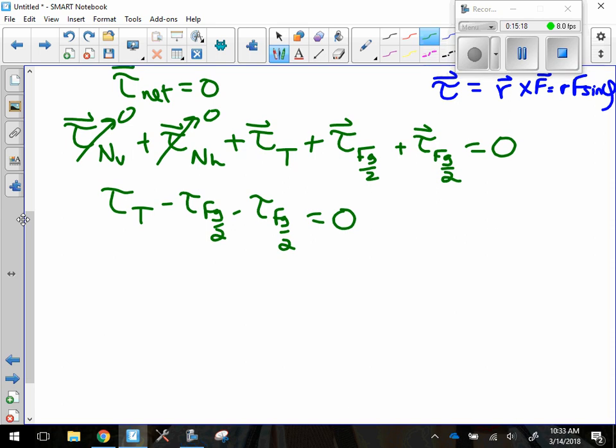So using our formula up here, what's the moment arm for my torque due to tension? Okay, so that's going to be 3 times the tension times the sine of what?